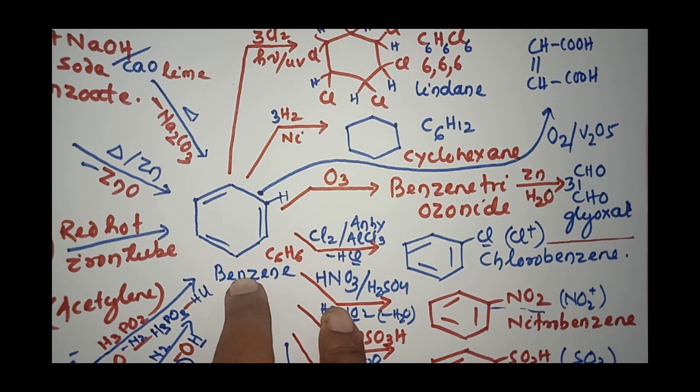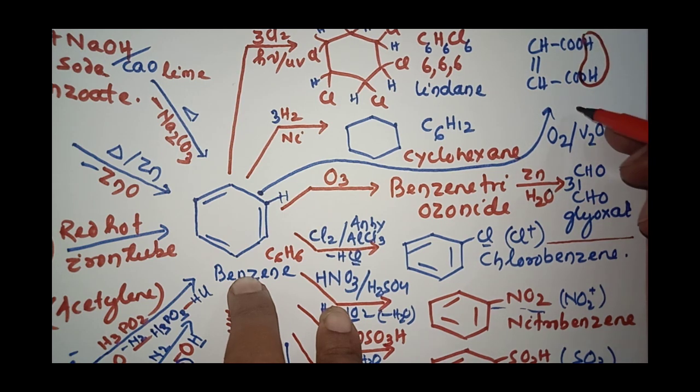This is maleic acid, which on further heating gives maleic anhydride. CH double bond CH, CO, CO, O. This water molecule is removed and maleic anhydride is produced.